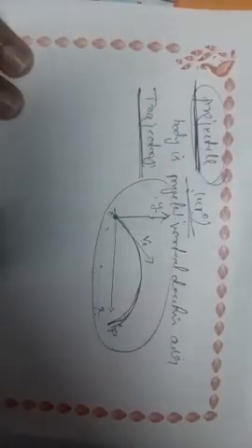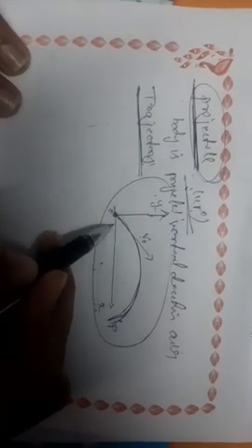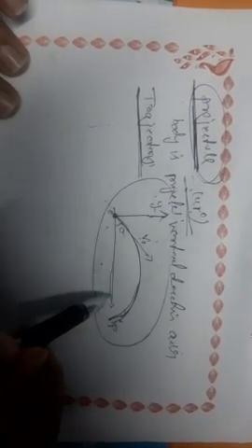A projectile means the body is projected in a vertical direction in presence of air. Theta is the angle between the direction of the particle and the horizontal surface.